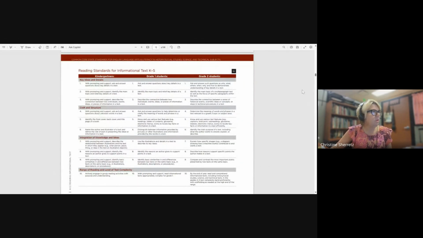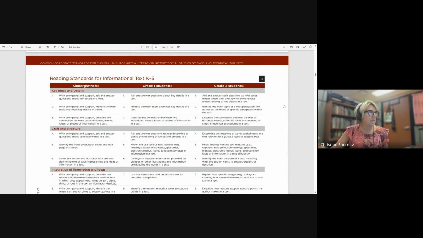Okay, so here we have, and I'm going to try to make this a little bit bigger for you, reading standards for informational text. I'm doing K through 5, but this goes all the way up to 12th grade. So we know that key ideas and details, this is going to be for RI, that's reading informational.